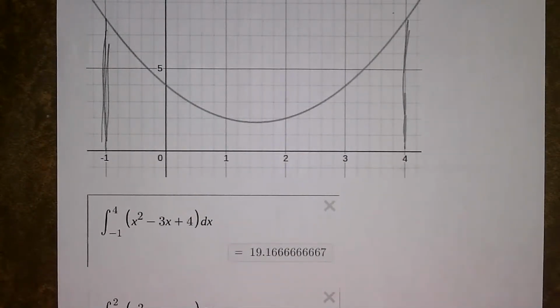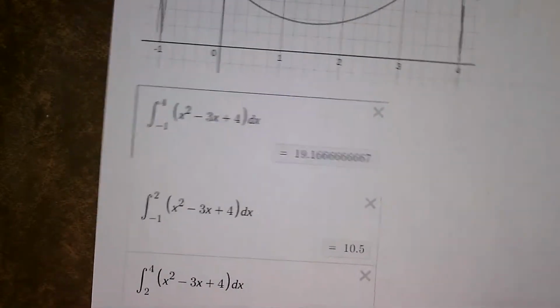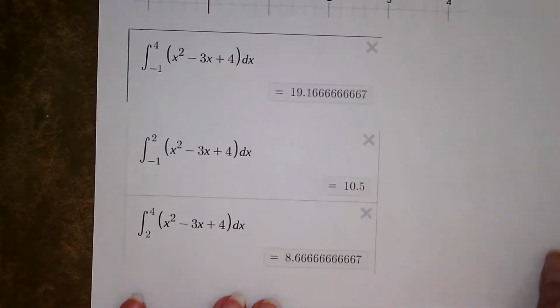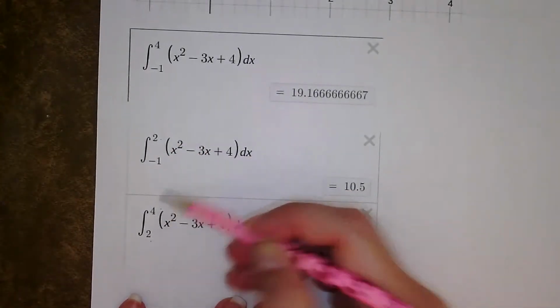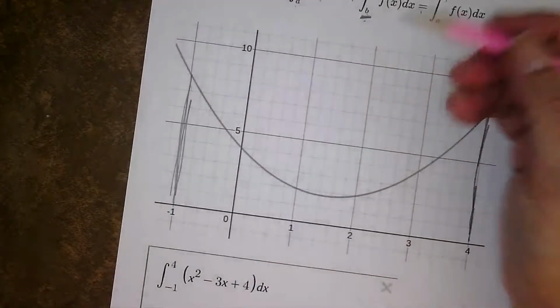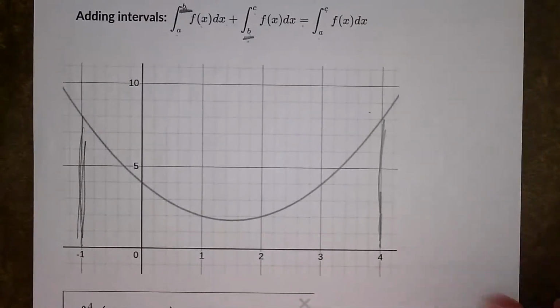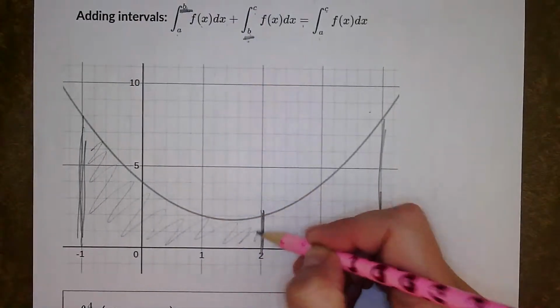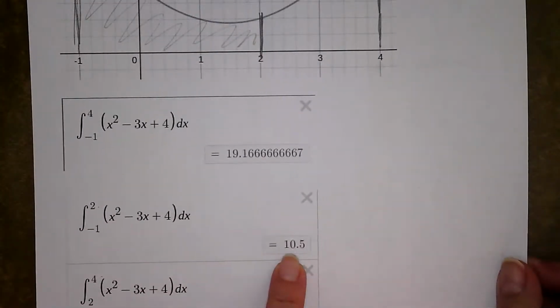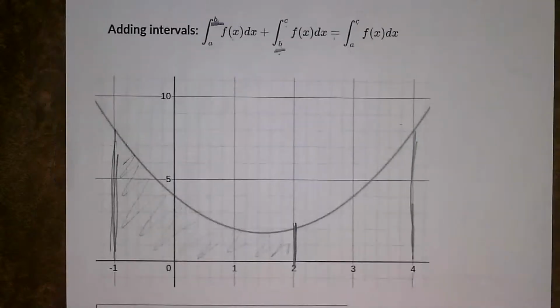So what I could do is, instead of going straight from -1 to 4, let me go -1 to 2, and then again from 2 to 4. So I'm going to put a bound here at 2. This area from -1 to 2, that integral calculates out to be 10.5.